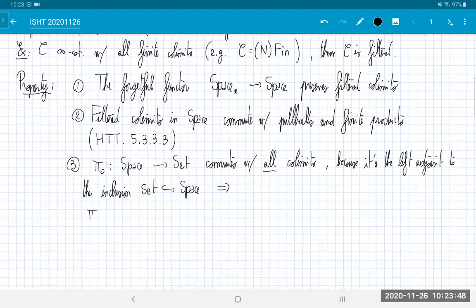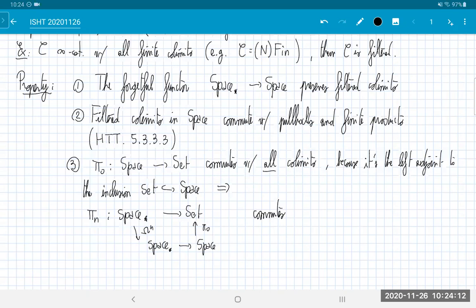using 1 and 2, pi n from pointed spaces to sets, which can be thought of as the composite of this map, omega n, from pointed spaces to pointed spaces, then to spaces, then to sets, where this is the forgetful functor, commutes with filtered colimits.